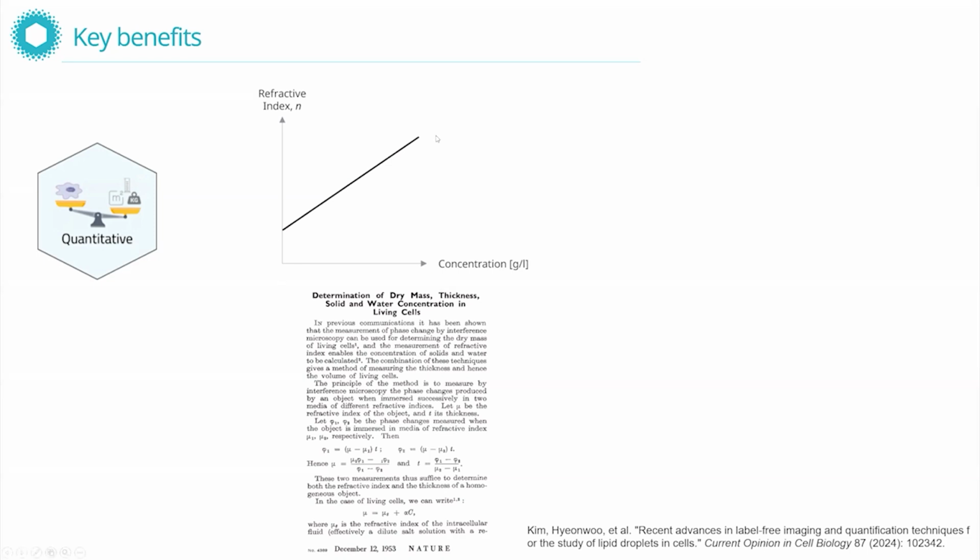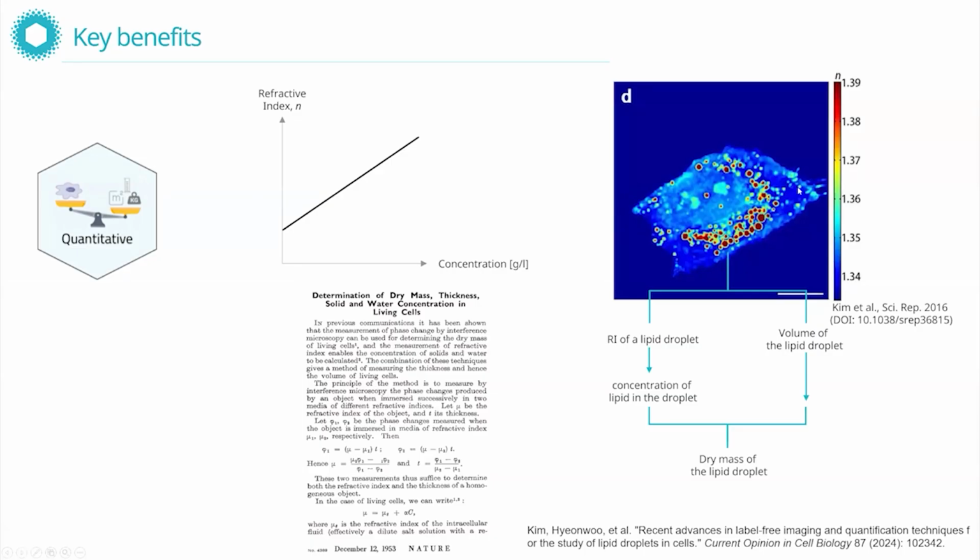And there is a linear relationship between the refractive index value and biomolecular concentration in units of gram per liter, which means if you measure the 3D distribution of refractive index, you can retrieve the local concentrations of the subcellular organelles. So for example, this is a hepatocyte measured by using holotomography, and those are lipid droplets. And if you read the value of refractive index, you can calculate the concentration of the specific lipids in units of gram per liter.